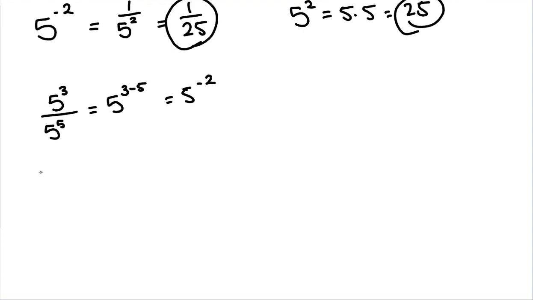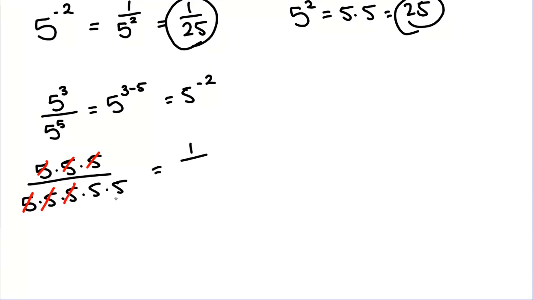So let's break this down to solve it. So we have 5 times 5 times 5 over 5 times 5 times 5 times 5 times 5. And we just cancel. And we are left with 1 over 5 times 5, or 1 over 5 to the power of 2, or 1 over 25.